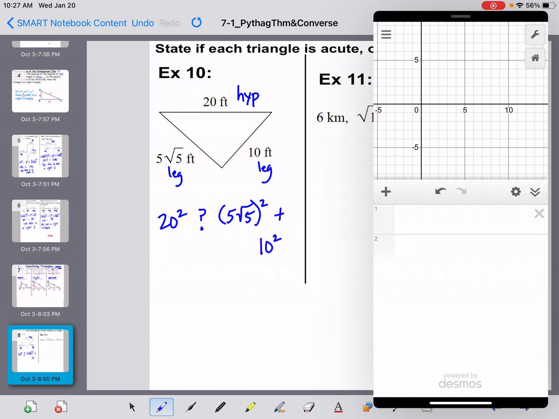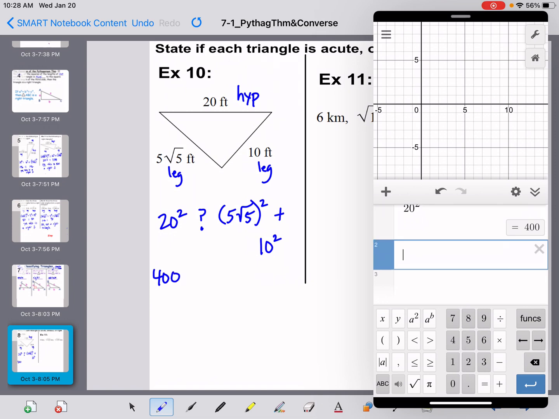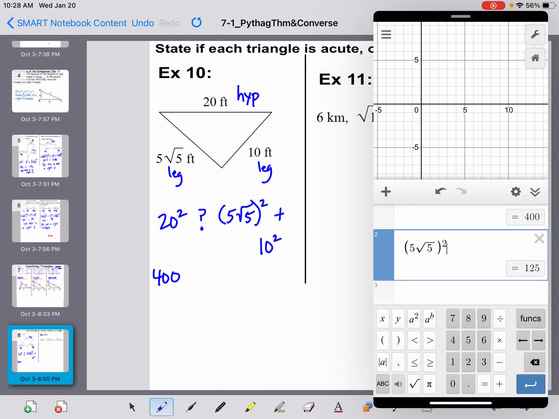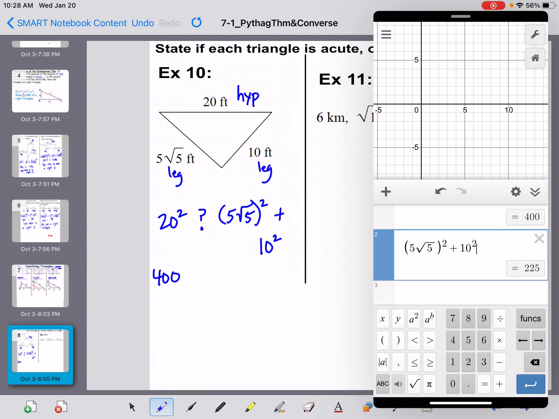So 20 squared is 400. And now let's type in this other stuff that I got going on. 225. So what symbol do I put there?